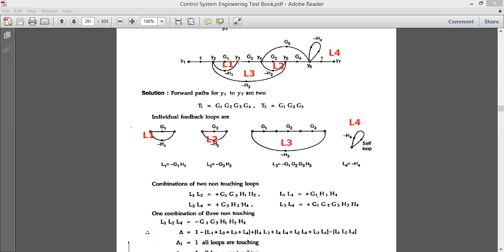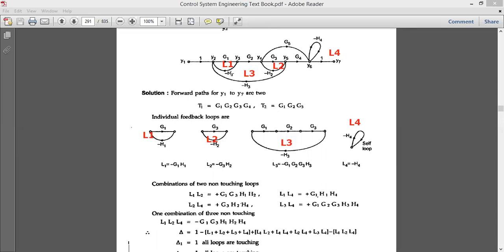Another way of checking the three non-touching loops is, see here, these are different and L2 is different from L4. But what about L3? In L3 I have G1, and in L3 I have G3, right? So all are different.